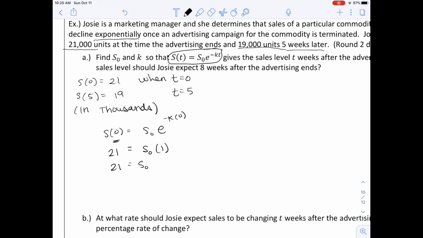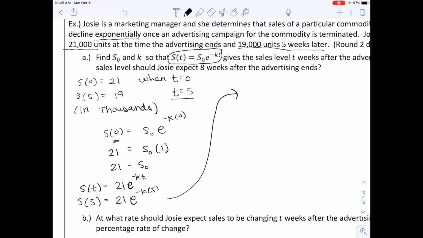So from here we have a formula. It's going to be S of T is equal to 21 e to the negative KT. And so now I'm going to use my 5 weeks to figure out what K is. That's the other variable that we need to find. So I'm going to find S of 5, and this is going to be 21 e to the negative K times 5.